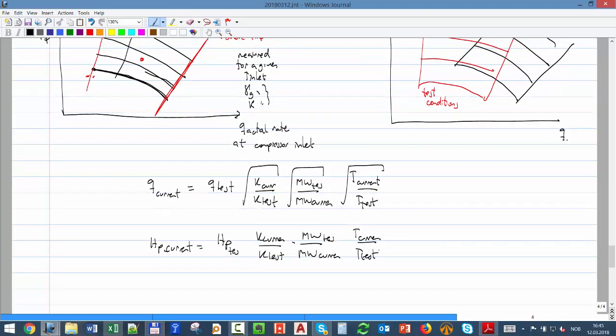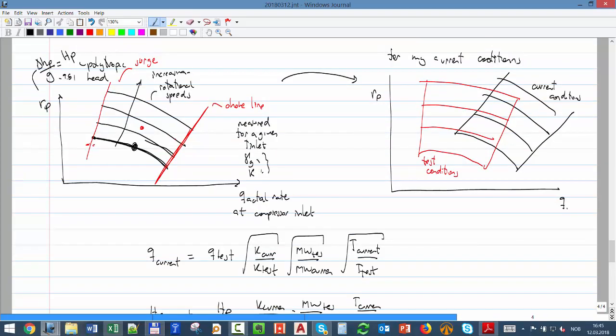So for every point, let's say I measured that for air. What's the K of the air? 1.3, and the gamma of air? Should be 1, right? Sure? Okay.